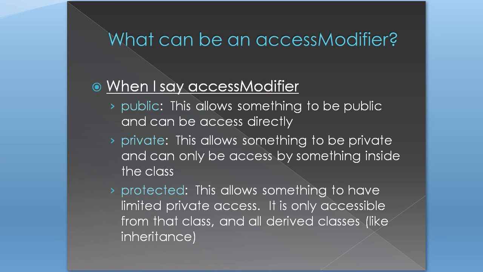Now what can be an access modifier? I'm only going to discuss a few right now, but there's a lot more that you can use. So when I say access modifier, there's public, private, and protected. Public is exactly what it says. Anything can have access to it.